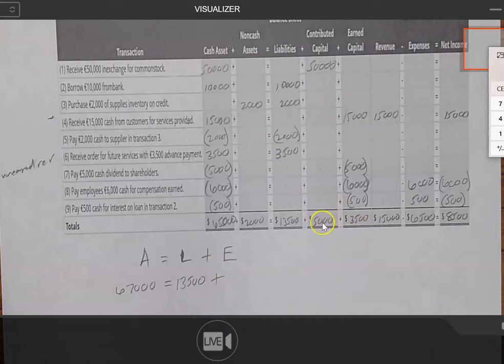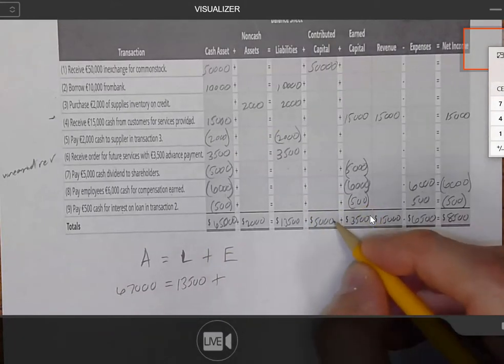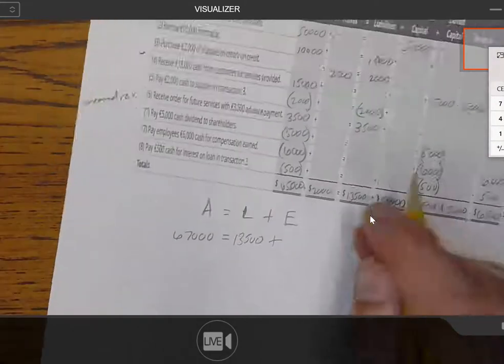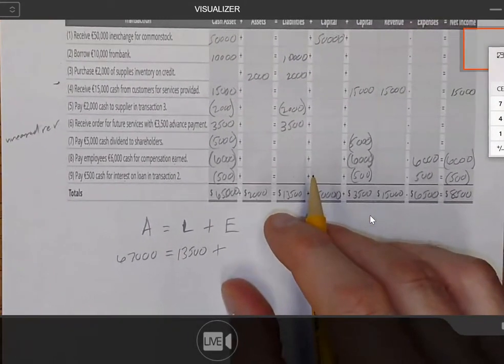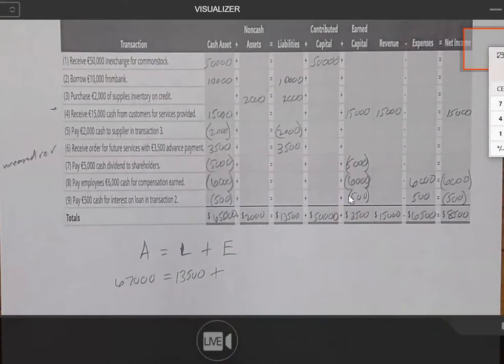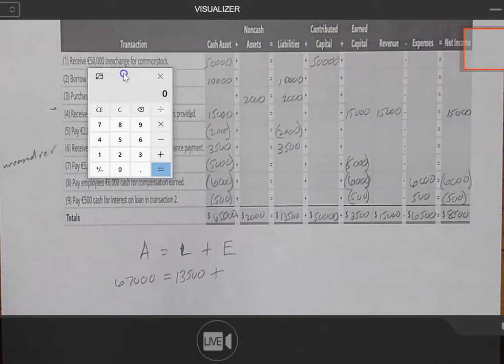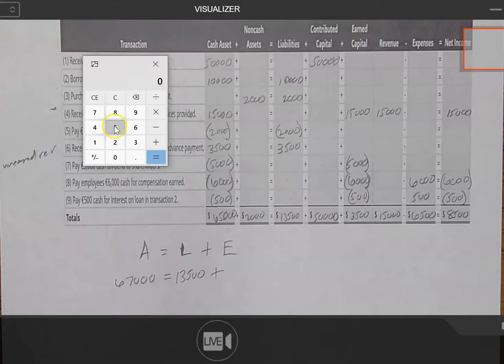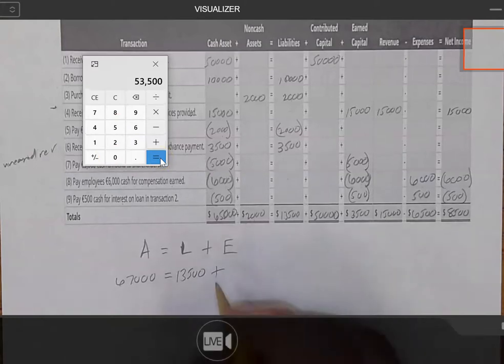For equity, we have to add 2 numbers. Now, I just noticed I made a mistake here. This is supposed to be 50,000, so I was missing a 0. All right. So I have to add my contributed capital to my earned capital. Okay. And if I do that, I'm going to be taking 50,000 plus this 3,500 because there are 2 components to equity, and that's going to give me 53,500.